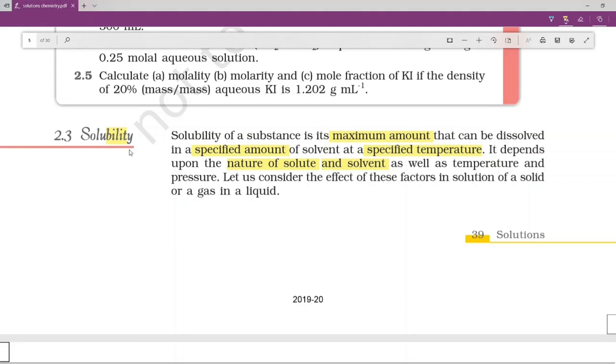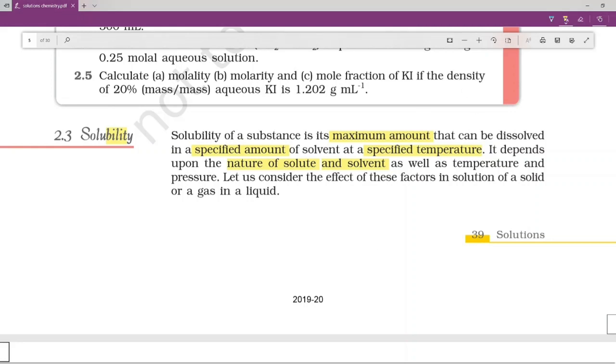So ability is nothing but the ability or capacity. In an indirect manner it says what is the capacity of a given solvent to dissolve solute, the maximum level at a given temperature.